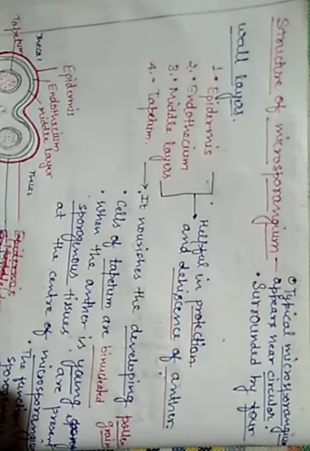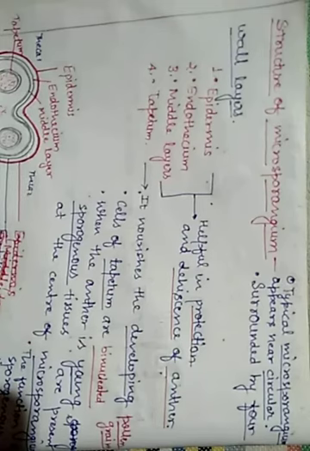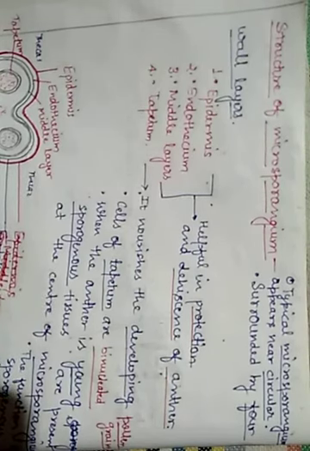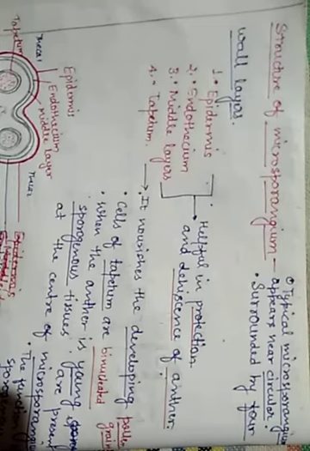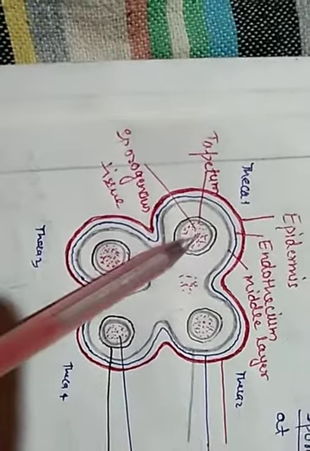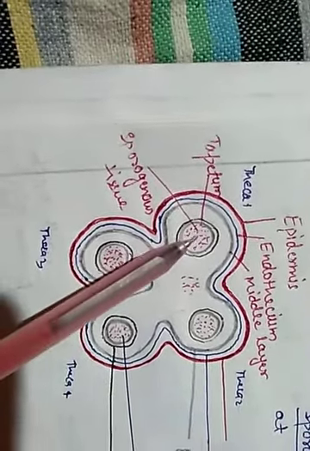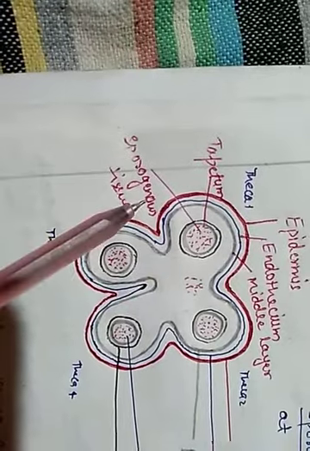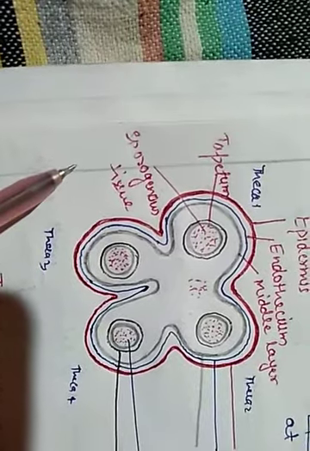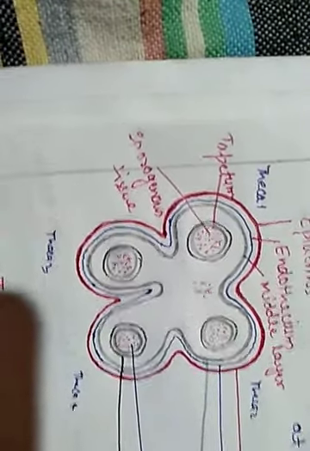The function of sporogenous tissues is production of the pollen grains. This is the microsporangium. Inside this microsporangium are the sporogenous tissues, and their main function is production of pollen grains.